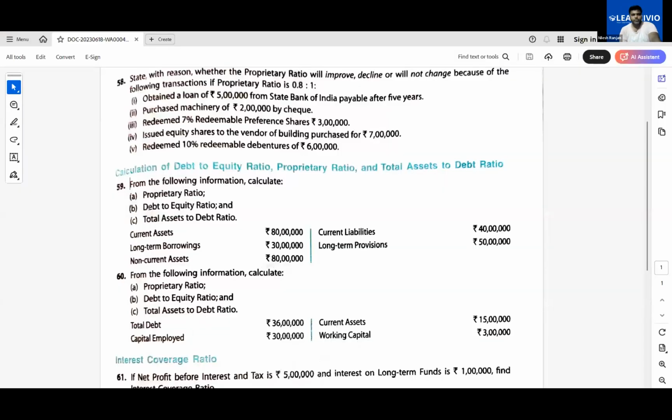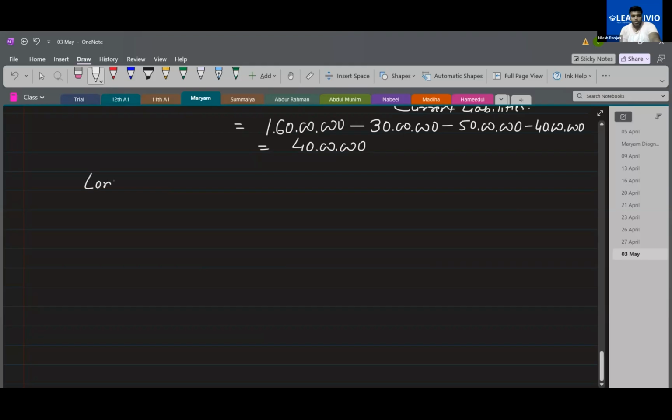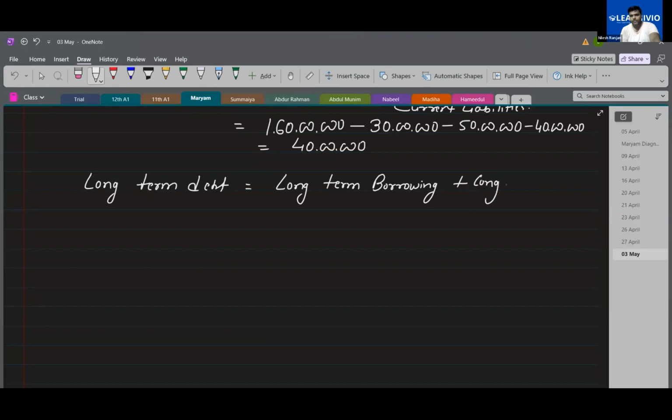Now the second ratio, debt to equity ratio. For debt, we need long-term debt, which is long-term borrowing plus long-term provision. Long-term borrowing is 30 lakh and long-term provision is 50 lakh. So total 80 lakh we have.